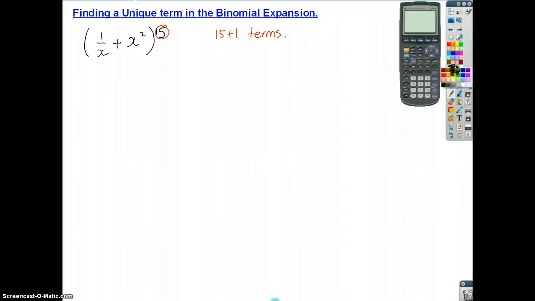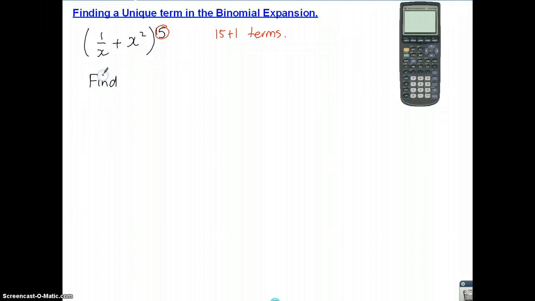Okay, so let's say I want to find the constant term. What do we mean by constant term, do you think? Okay, it's the term with just a number in it. But if you have a look here, we both have terms with variables in it.